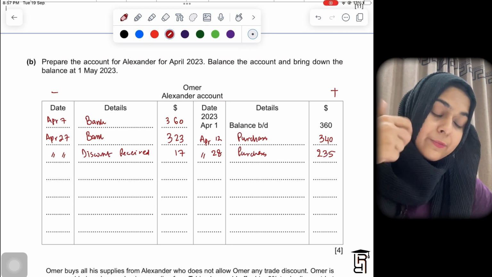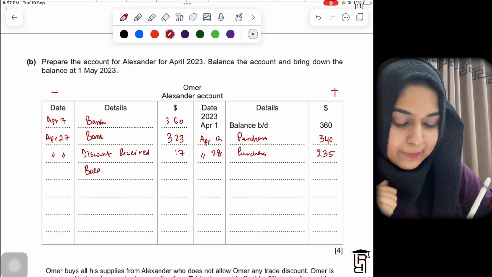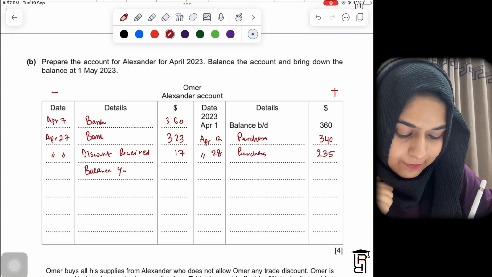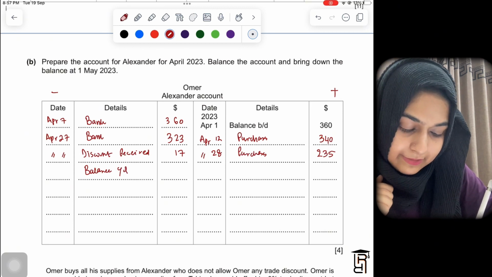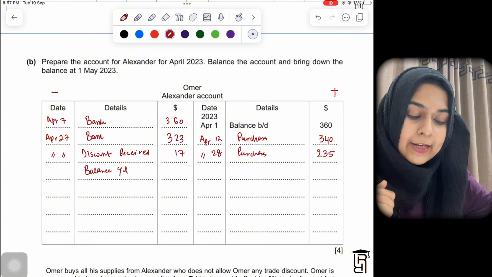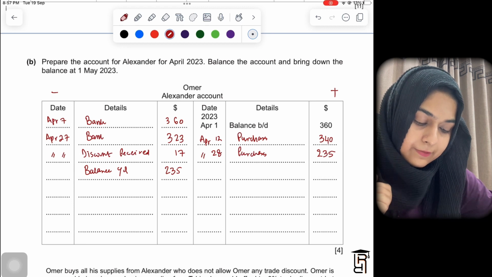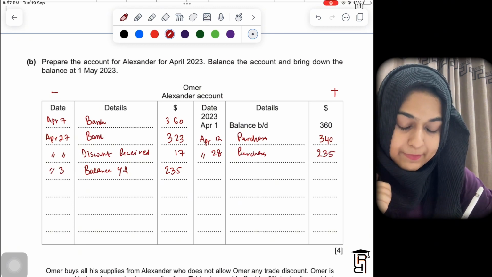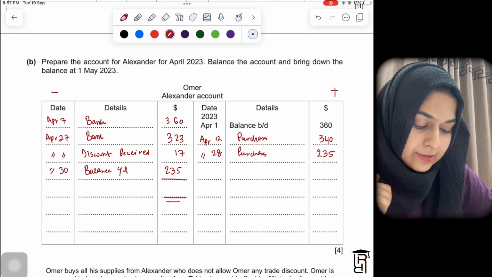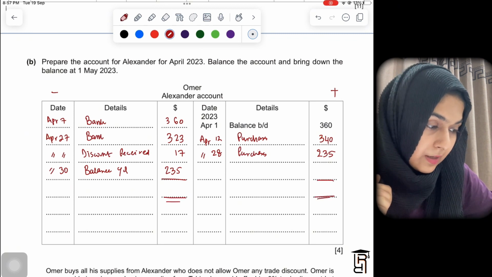Now again you have purchased goods of $235, which means my liability in the end, if I do the total of the heavy side, that is the credit side is the heavy side, and I subtract the total of the light side from the total of the heavy side, I'll be left with 235. That is my balance carried down April 30. And then I just write the totals of this account.